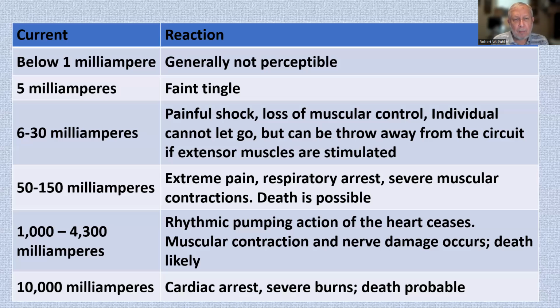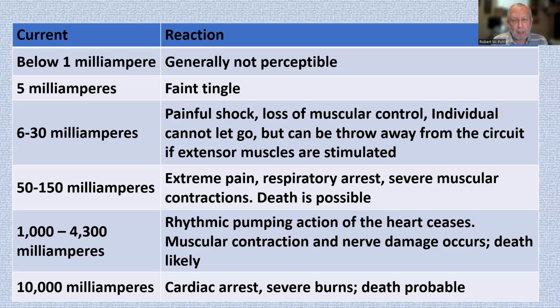So below 1 milliampere, generally not perceptible. Now, a milliampere is 1,000th of 1 amp. So 5 milliamperes is a faint tingle, and 6 to 30 milliamps is a painful shock, loss of muscular control.